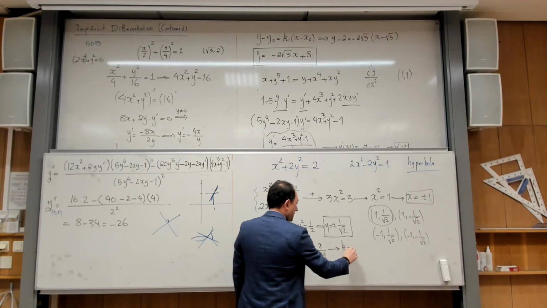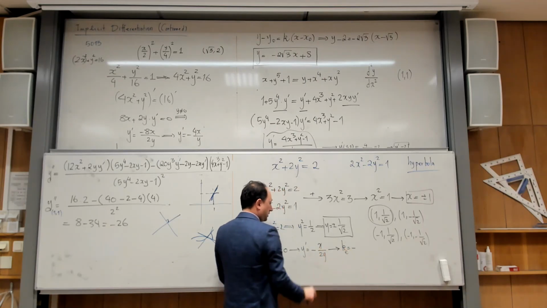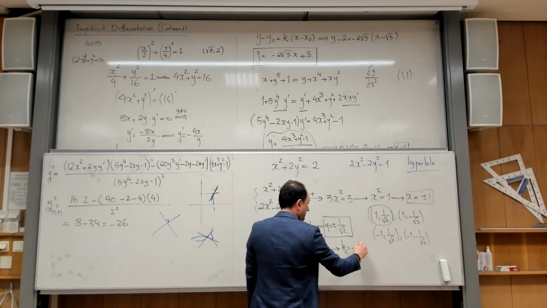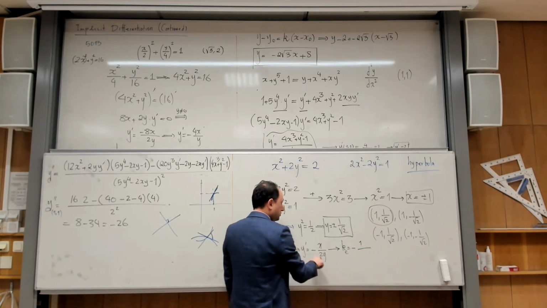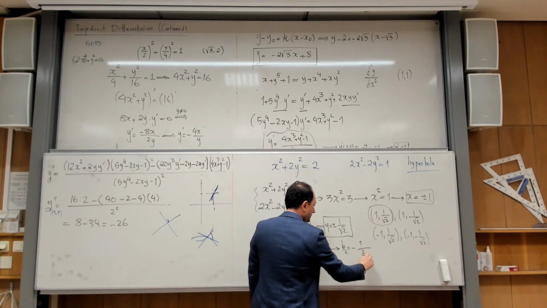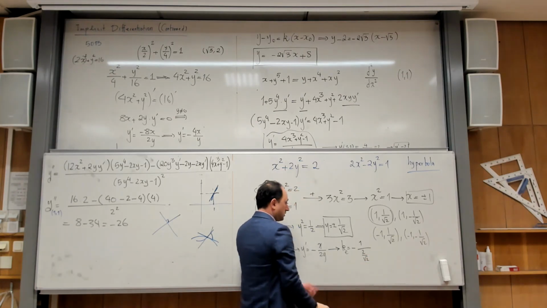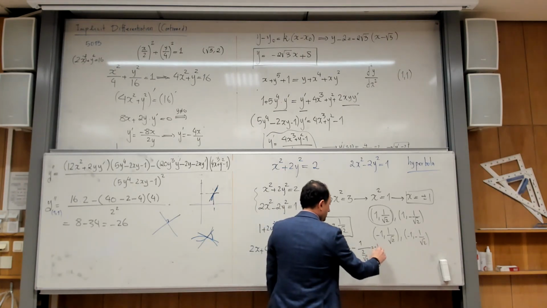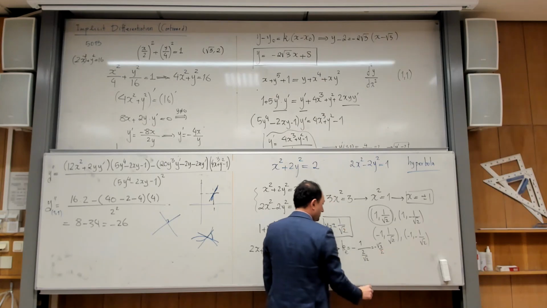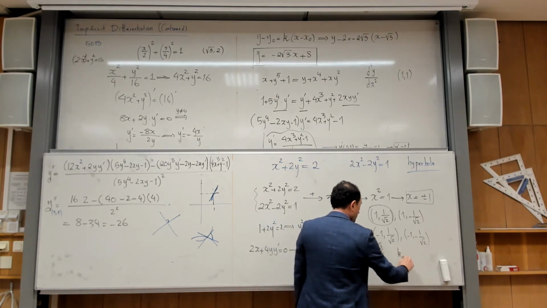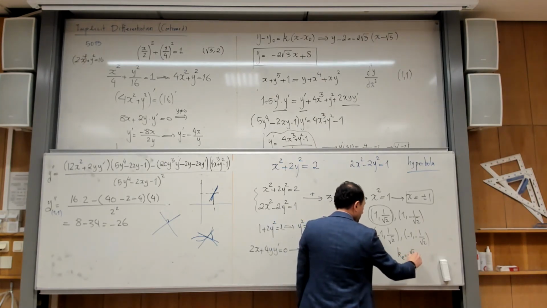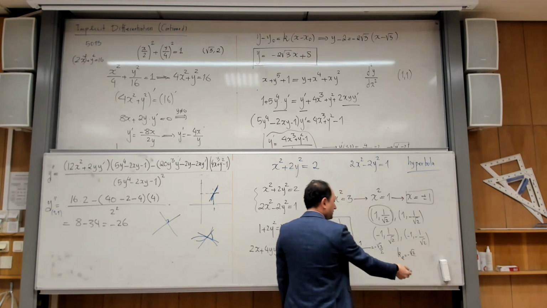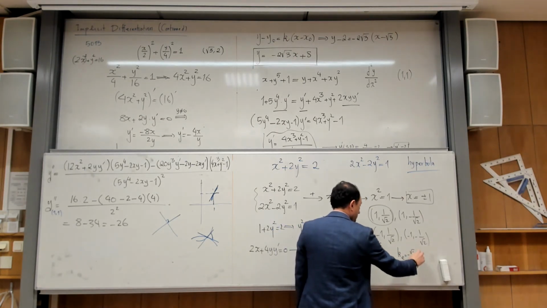It becomes minus x over 2y, which is, x is 1, over 2 times y, which is 1 over the square root of 2. So if you write it, it becomes negative square root of 2 divided by 2. So the k of the tangent to the ellipse at the point of intersection is this number.